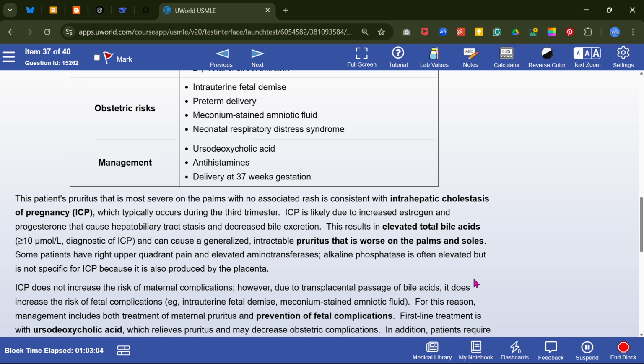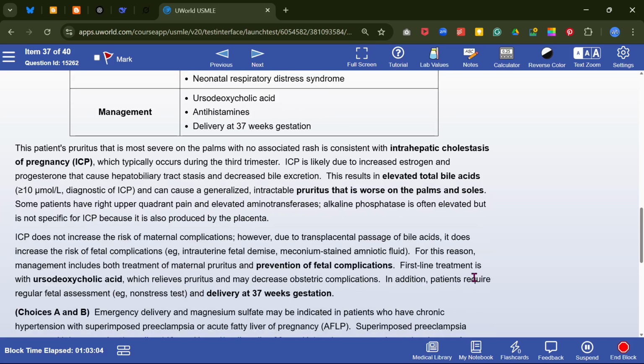However, due to transplacental passage of bile acid, it does increase the risk of fetal complication: intrauterine fetal demise and meconium-stained amniotic fluid. For these reasons, management includes both treatment of maternal pruritus and prevention of fetal complications.